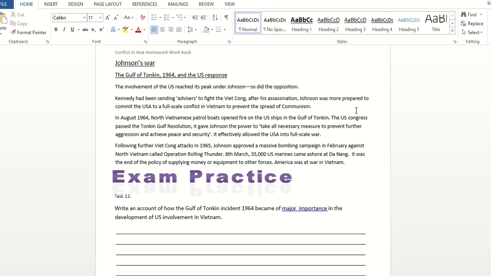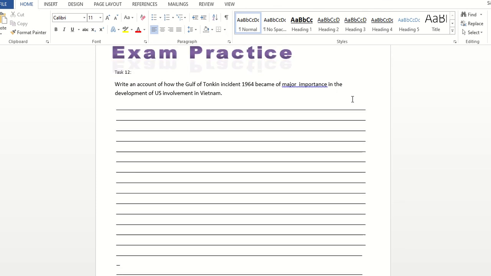However, for task 12, you've got to write an account. Now, last time we looked at how to answer account questions, and this is exactly the same. Remember, you've got to write in chronological order. Write in the order that things happen. You also need to write down the key phrases, such as "this led to."